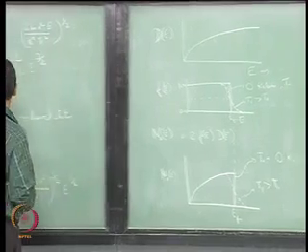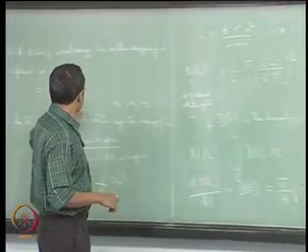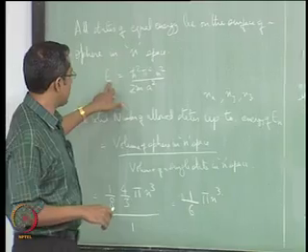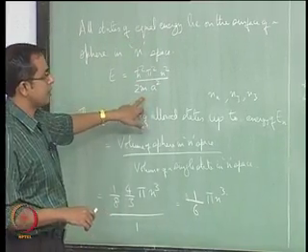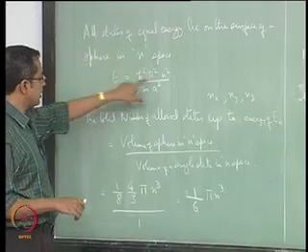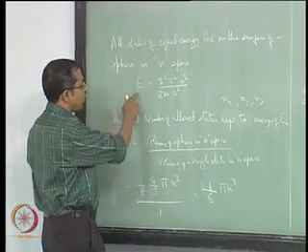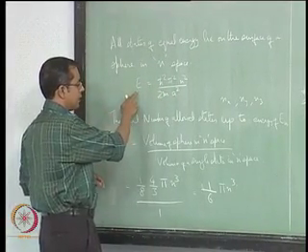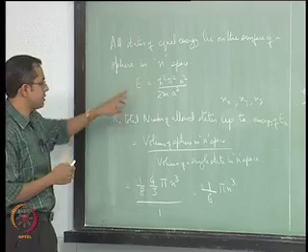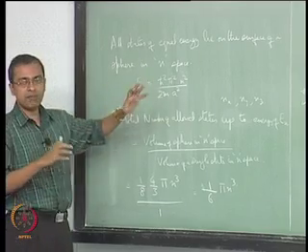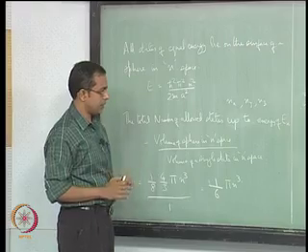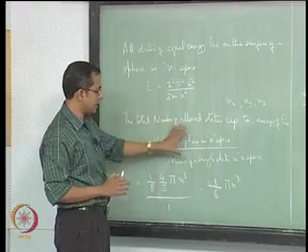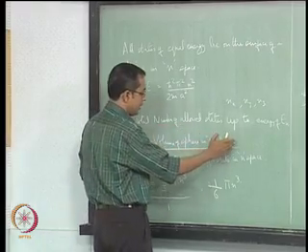So in that context we looked at this n space, we said that if you look at the E versus n relationship you will get something like this, and in this system all states which have the same value of energy lie on the surface of a sphere in n space.